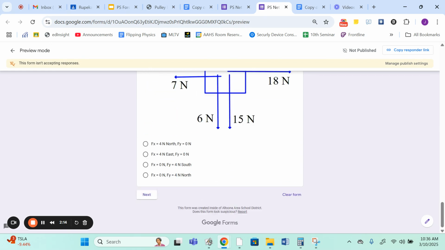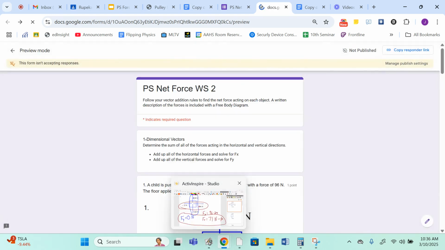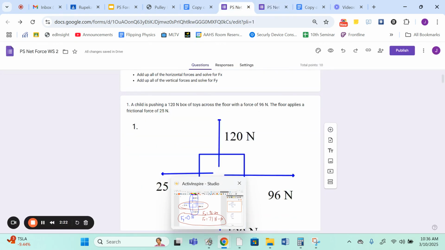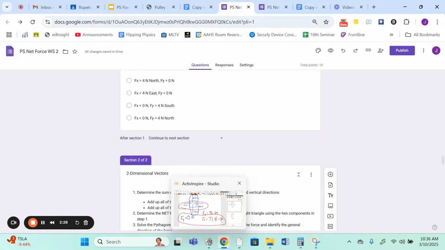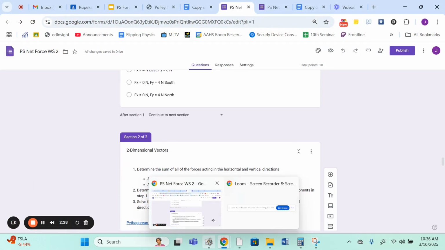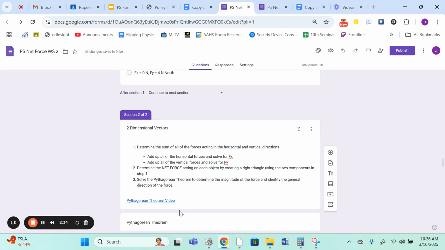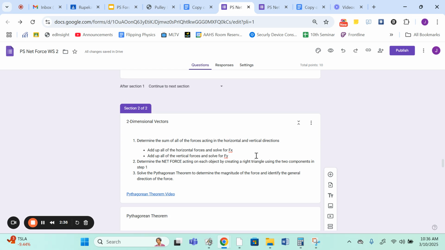If we come down to do an example from number 2, I want to go over to the next section. In the next section, determine the forces in the horizontal and the vertical directions.